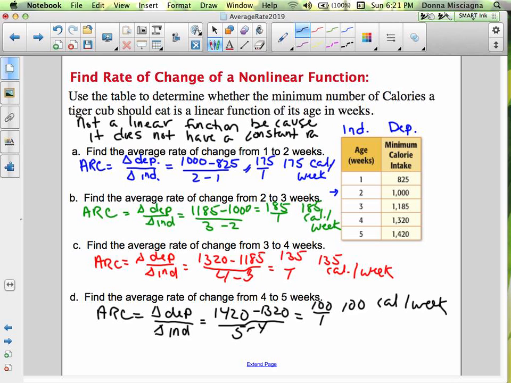Each week is different. If they're not all the same, then it's not a linear function. Okay? So it's pretty easy to figure out whether a function's linear or not linear by just taking the slope at different pairs of points.